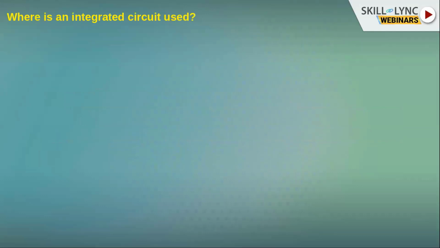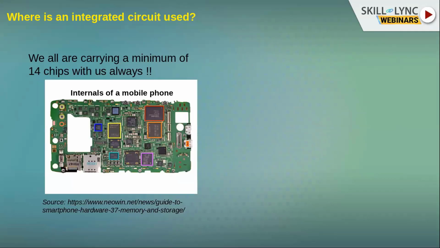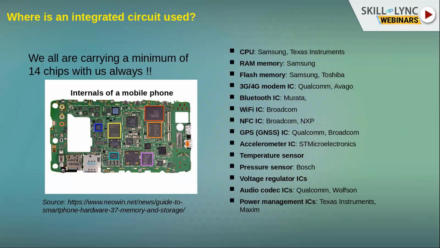Now, where is an IC used? I'm pretty sure this is a very silly question to you all, because we are all carrying a minimum of 14 chips with us always, even right now. If you see the internals of a mobile phone in your hand, it will look something like this. It has all these ICs sitting inside, from the CPU to a simple temperature sensor.